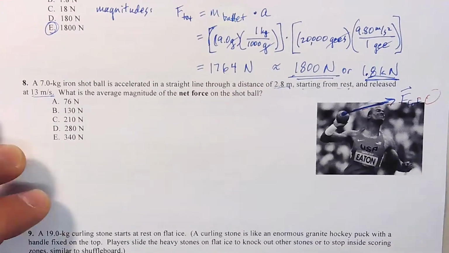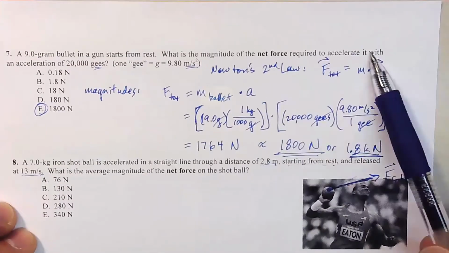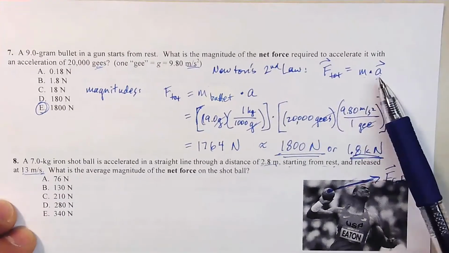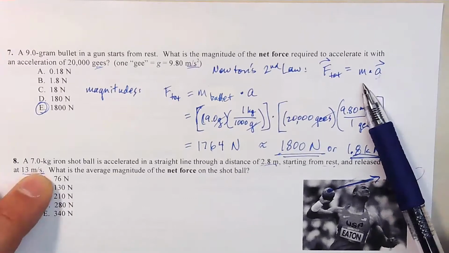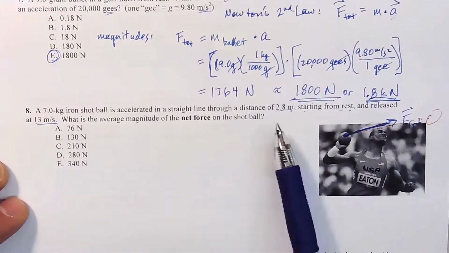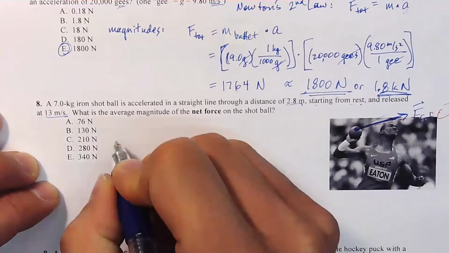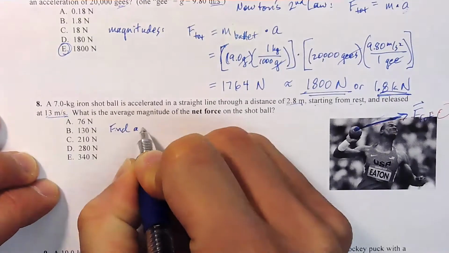All right, let's first of all say, if I want to find out what that net force is, thinking up here to Newton's second law, I'm going to need to know the acceleration and the mass. Well, the mass is given, but the acceleration is not given explicitly. Instead, it looks like I'm given enough information implicitly to figure out what the acceleration is. So first, let's find the acceleration.